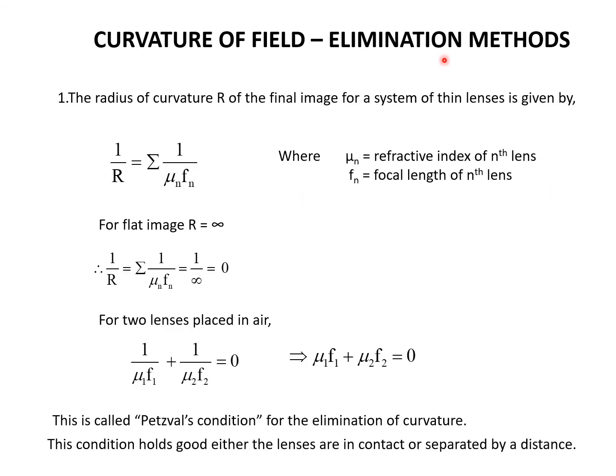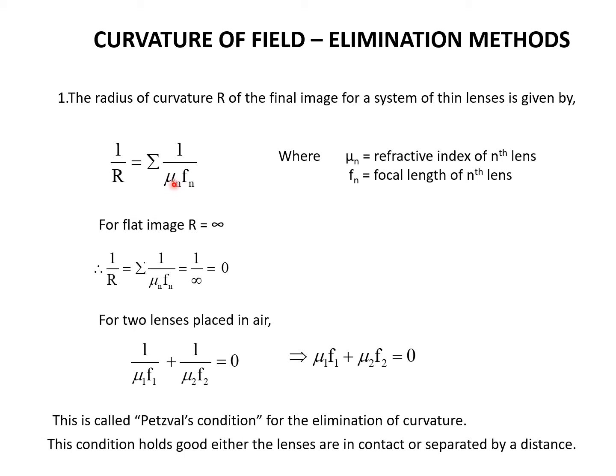Now, the minimization methods of the curvature of field defect. So if you use a number of lenses, that means 1, 2, 3, 4, etc., n number of lenses, then for the radius of curvature, since the defect is curvature, we are using the relation for curvature: 1 by r equal to sigma 1 by mu n fn.